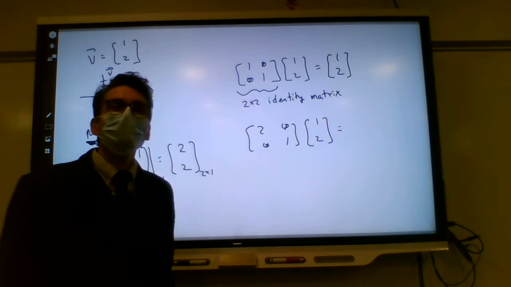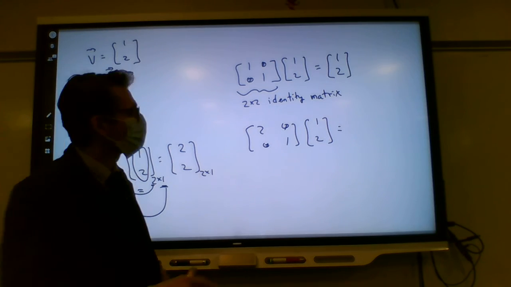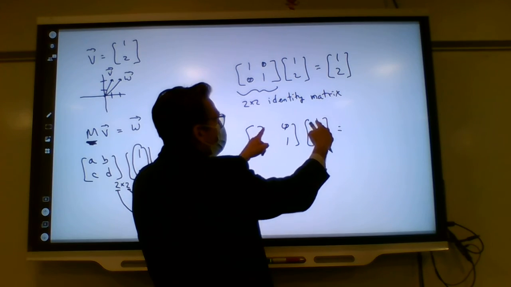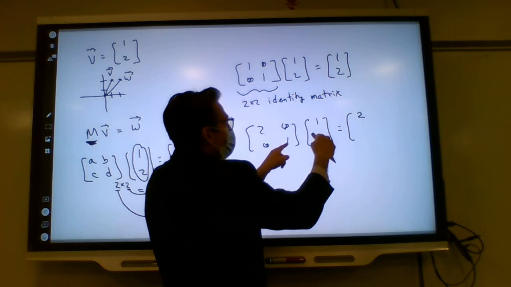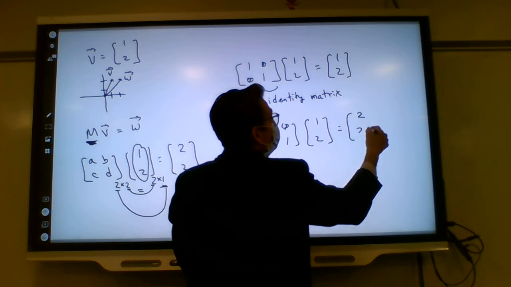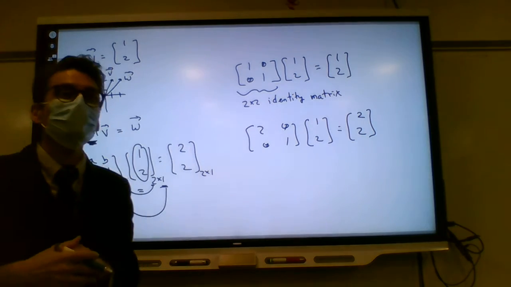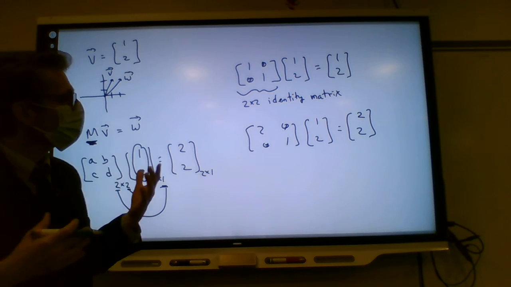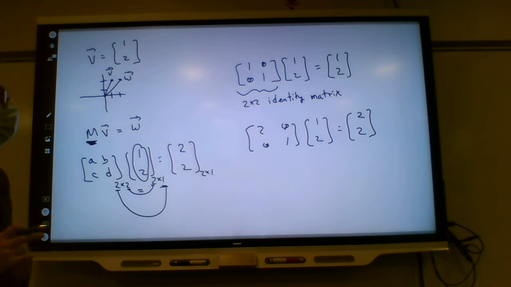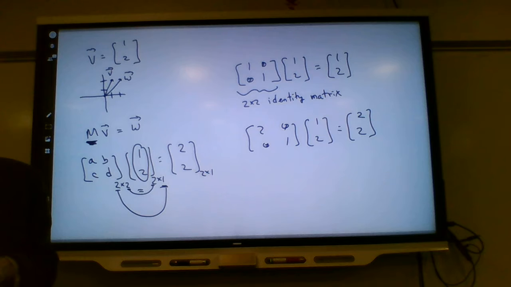What happens here? 2 plus 0 and 0 plus 2. That transforms 1, 2 into 2, 2. All right? Is there any other way that we could transform 1, 2 into 2, 2?